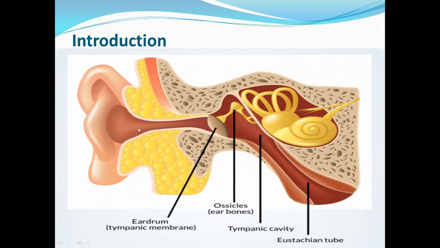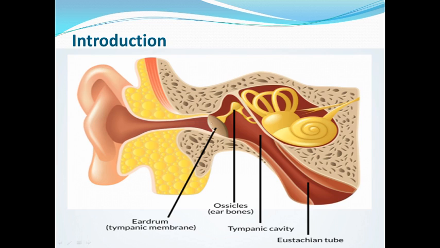This is the external ear. Yes, we have already discussed it. This is the external ear, the pinna or the auricle, and the external auditory meatus, which comprise the external ear. Then we have the tympanic membrane or the eardrum.